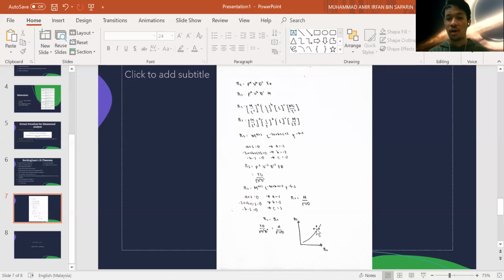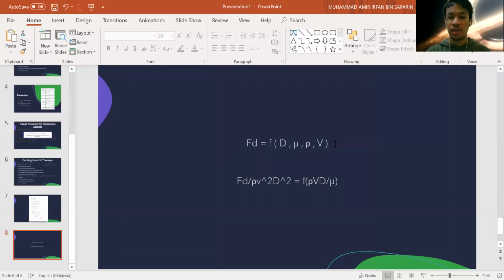So whatever data that you use, and whatever value that you use for the velocity and all of that, all of the data will fall only on a single line. So from this equation we get this equation.